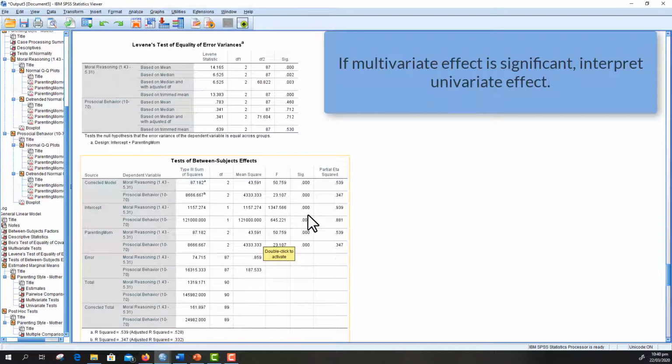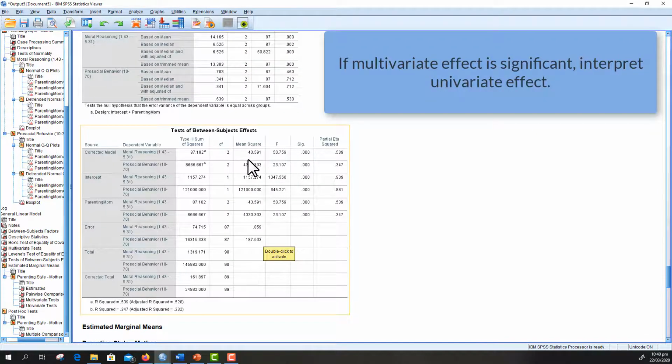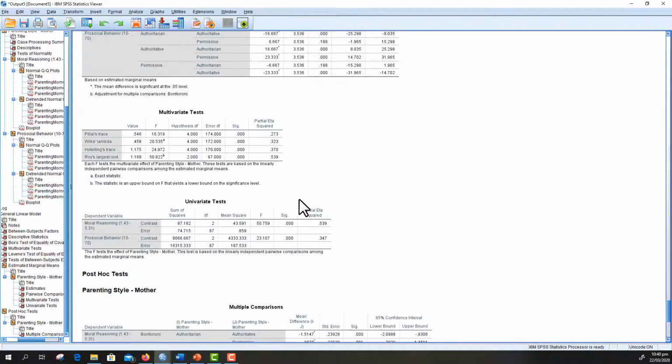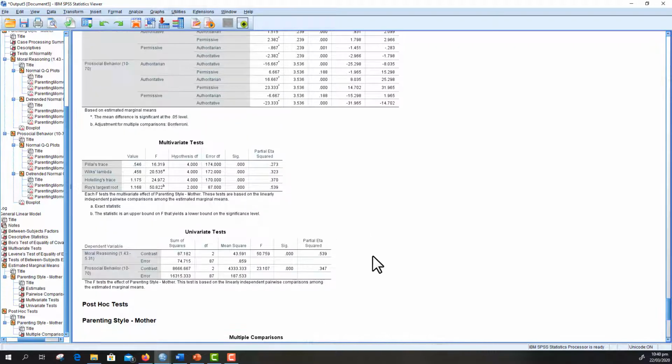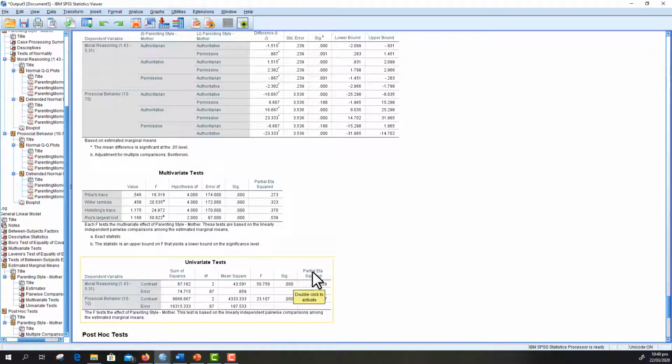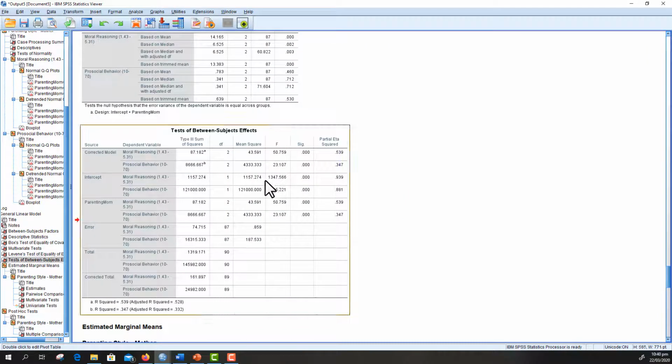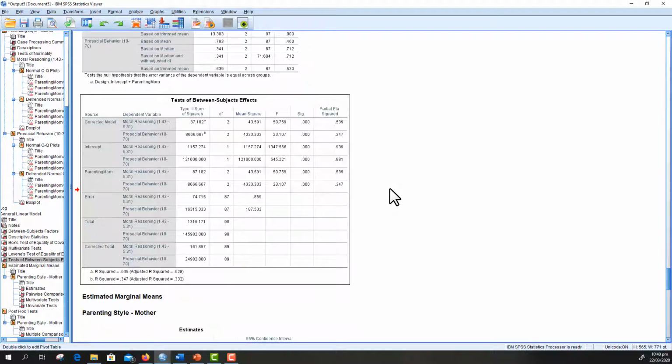So you have here tests of between subjects effects and our univariate tests. You can choose to interpret from this table or the one here. They should have the same values. Just make sure that you look at the correct row for the independent variable.